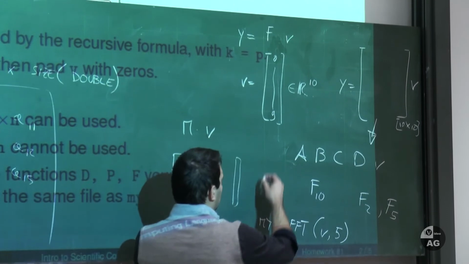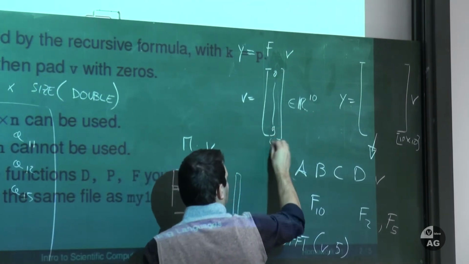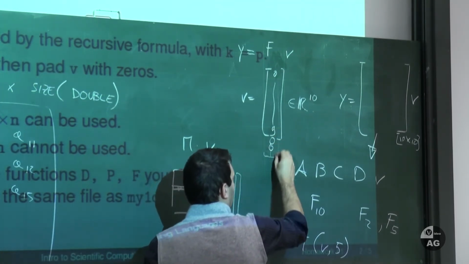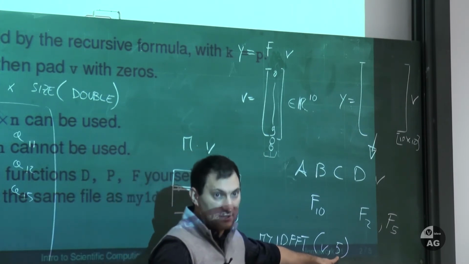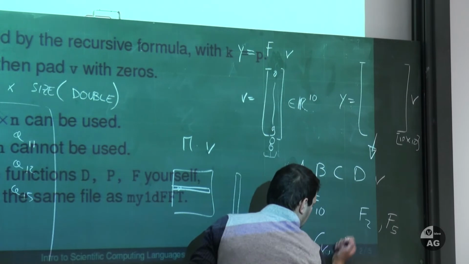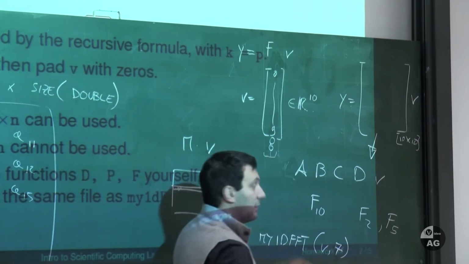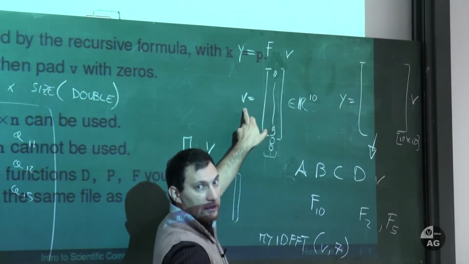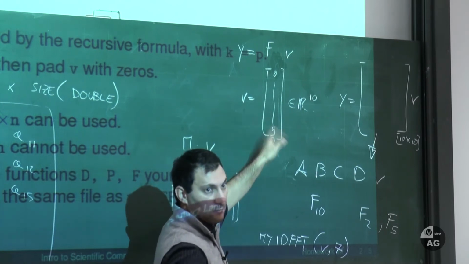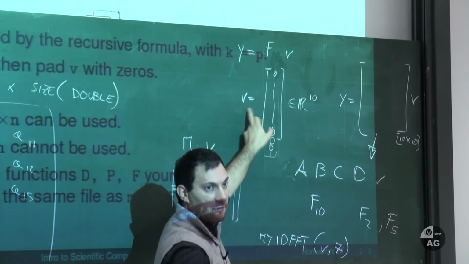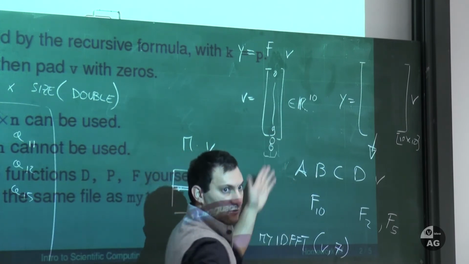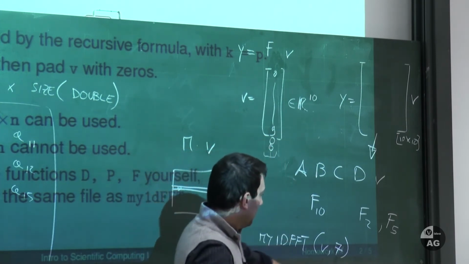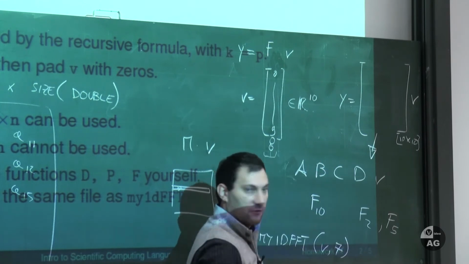Then what I'm suggesting is to add numbers here until I get to a multiple of 5. Why 5? Because that's the input. I could have said 7. And then you say, okay, is the length of v a multiple of 7? If it is, fine. If it's not, you start adding zeros. This means padding, until you get to a multiple of 7.